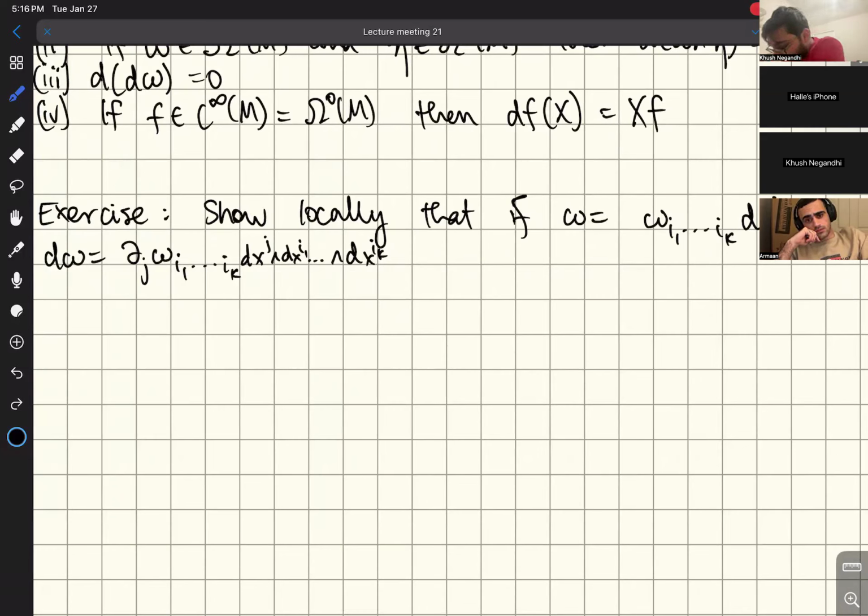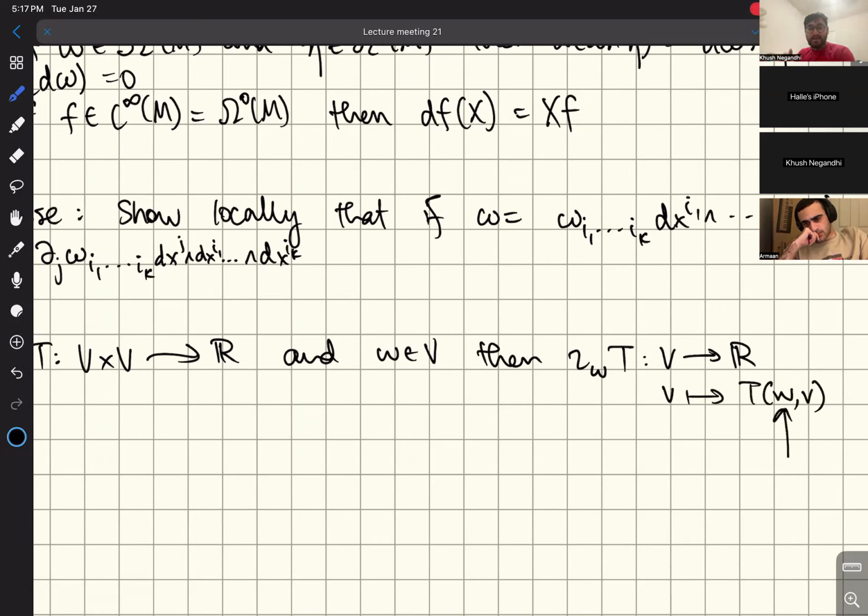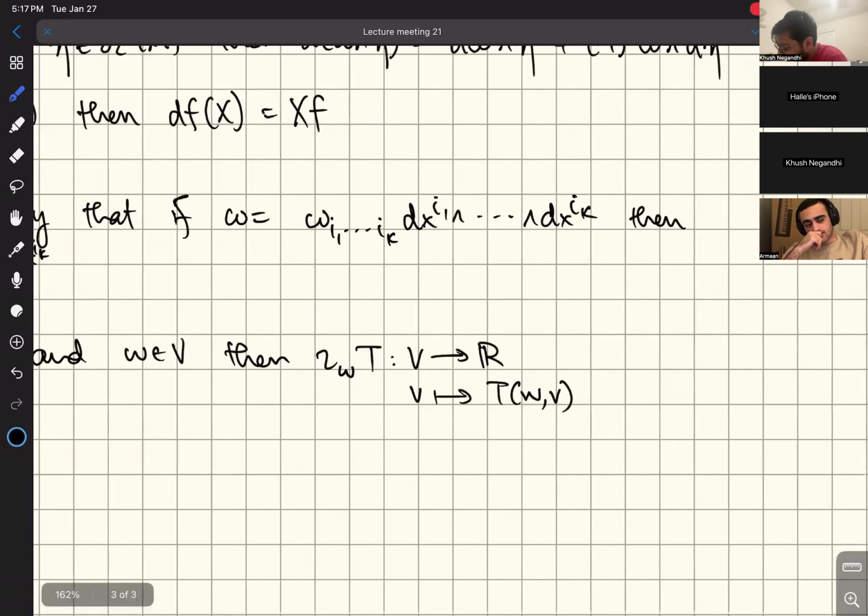So if T is a map from V cross V into R, and W is a vector in V, then you can define a map called iota of W of T, that goes from just V into R, and takes a point V into T of W V. So the idea is you just put W in there, and this is called interior multiplication.